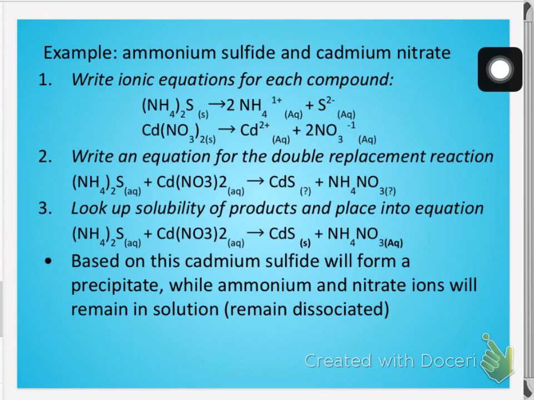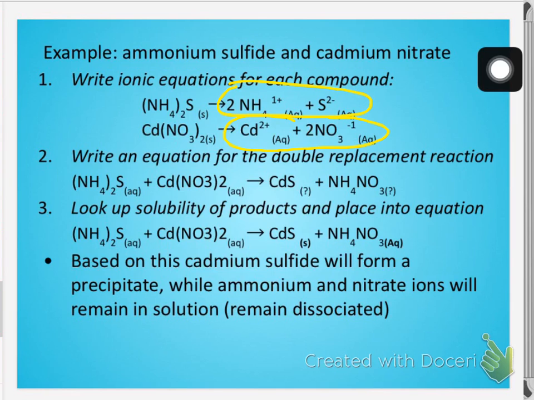If we take a solution of ammonium sulfide and a solution of cadmium nitrate, and they're both in aqueous solution, which really means we've got one container that has a bunch of ammonium and sulfide ions floating around in it, and one container that has a bunch of cadmium and nitrate ions floating around in it. If we put those things together, will we get a precipitate?